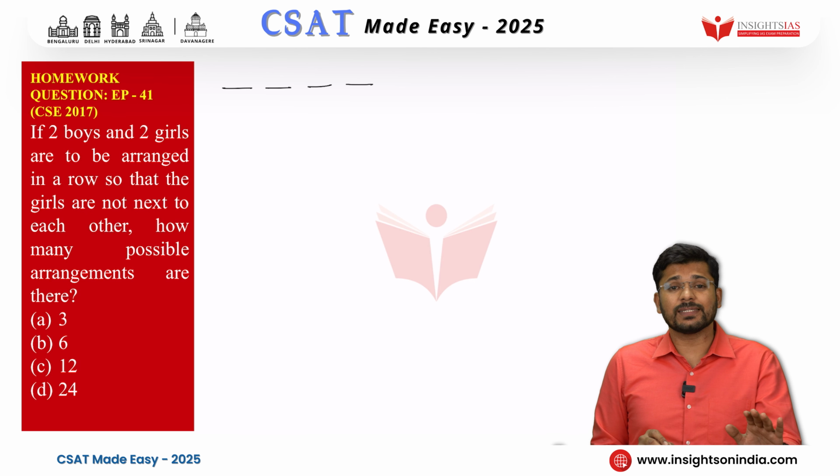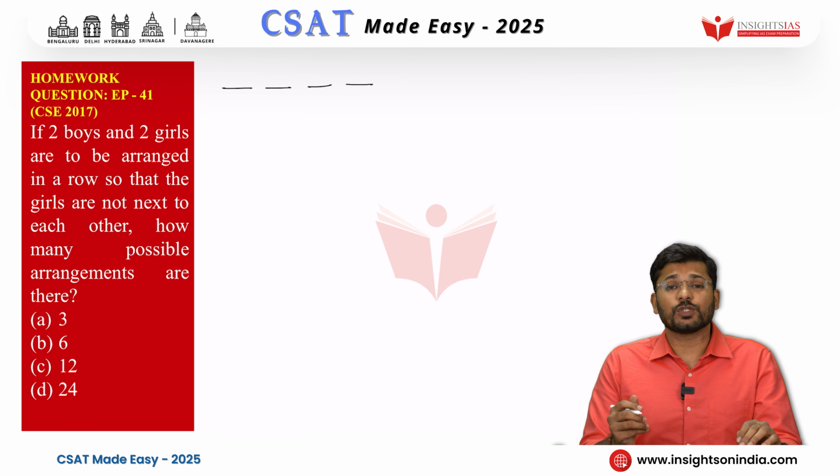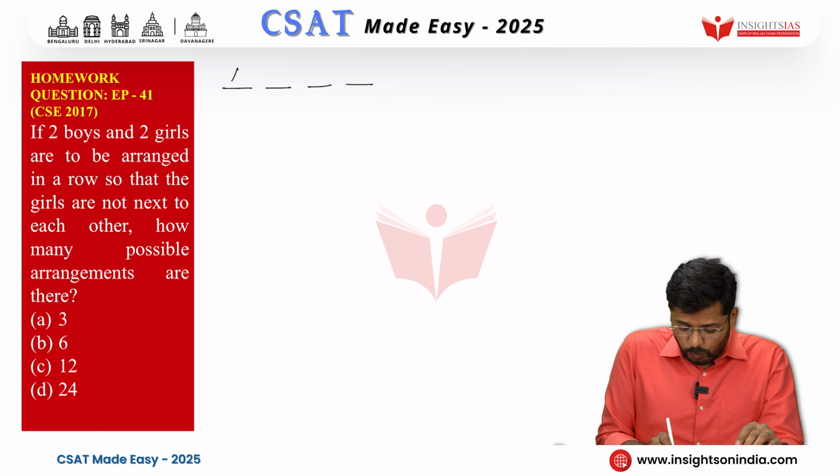So these are the 4 places in which they can be made to stand or sit. In the first place, how many options do we have? Out of the 4 people, we can make anyone occupy the first position. So we have 4 options.